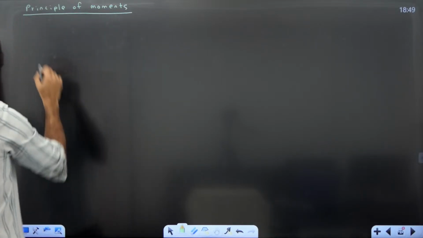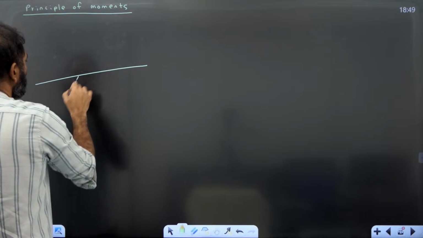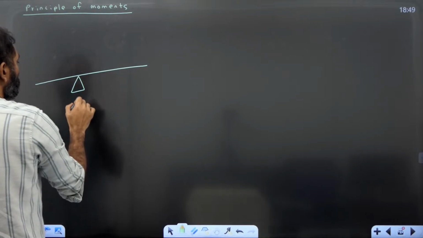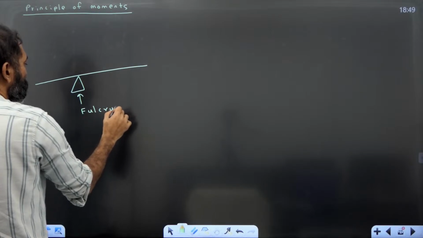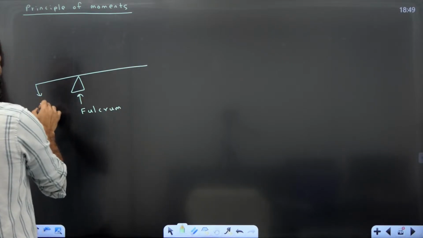Principle of moments. See, here there is a fulcrum. This is called the fulcrum.